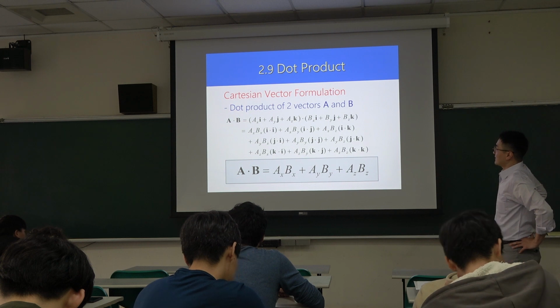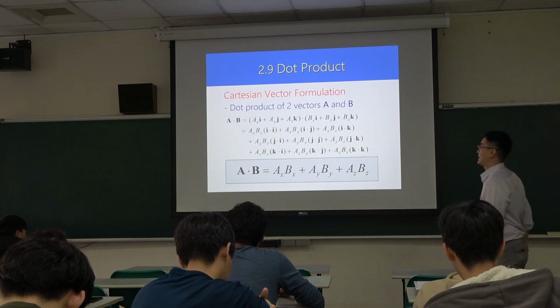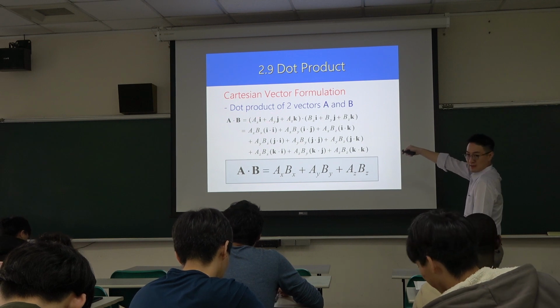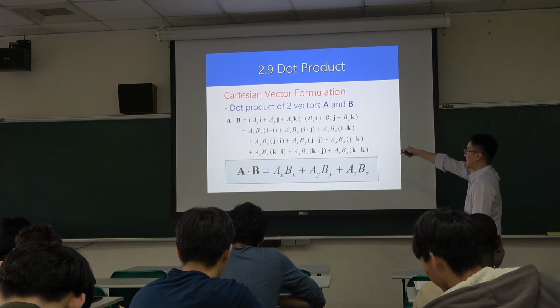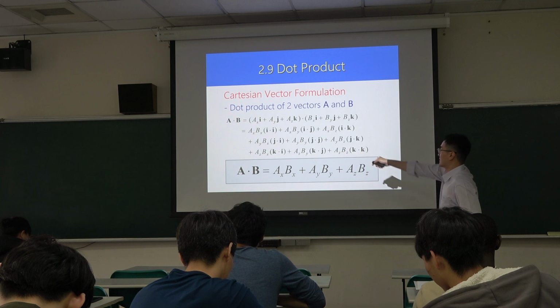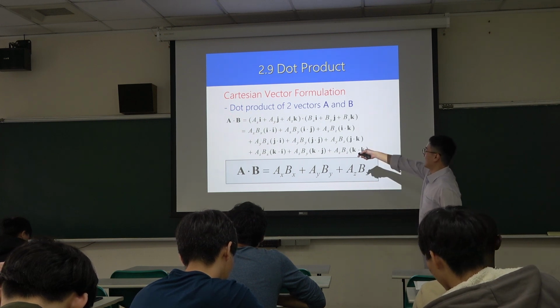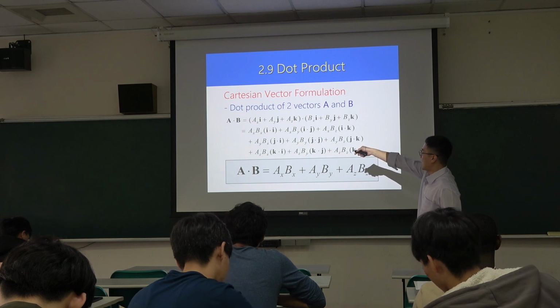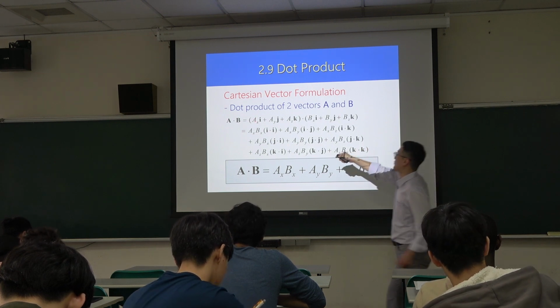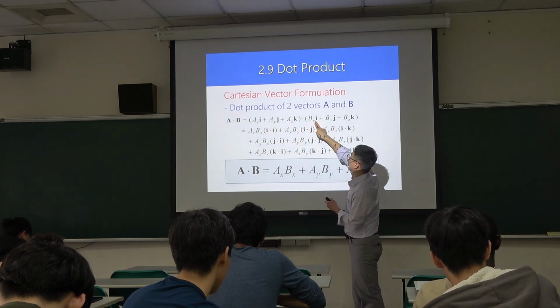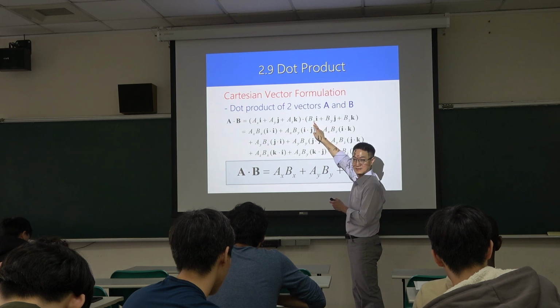Then for a relatively more complicated calculation, a vector has 3 components, x, y, z. So its dot product is, we use ax, this one dot this one first.